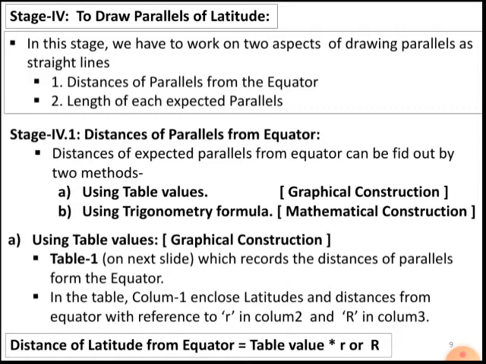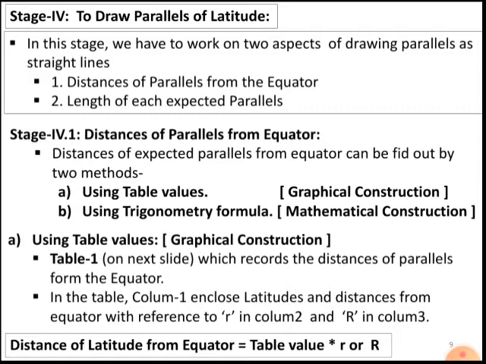The distance of the expected parallel from the equator can be found out by two methods. One is using table values, which are given in any book. That kind of table is mostly used when you are drawing the projection by the graphical construction approach.